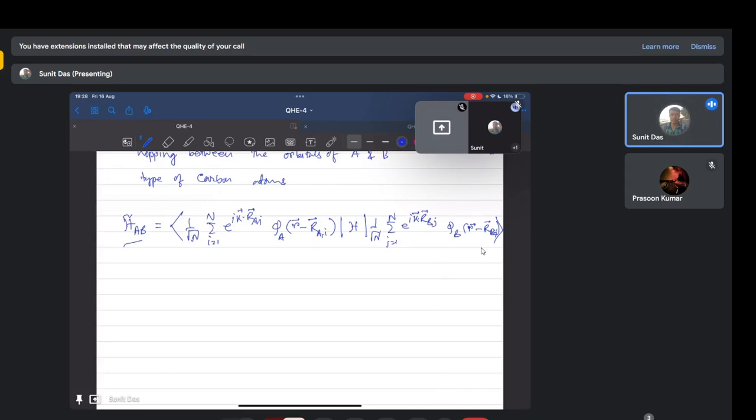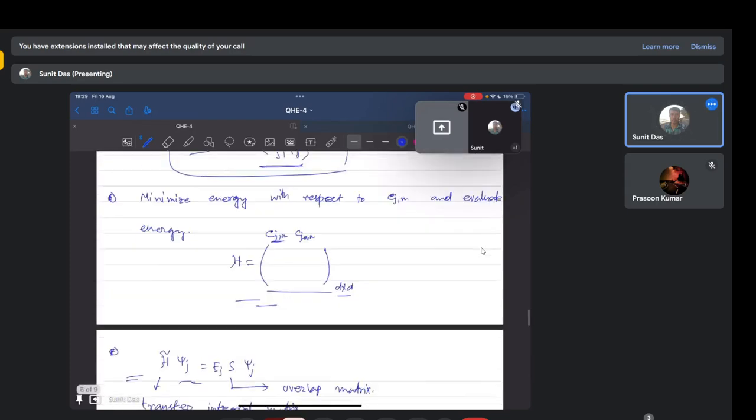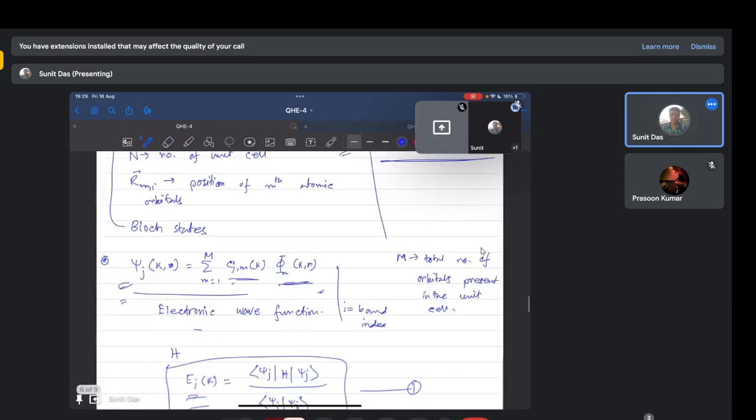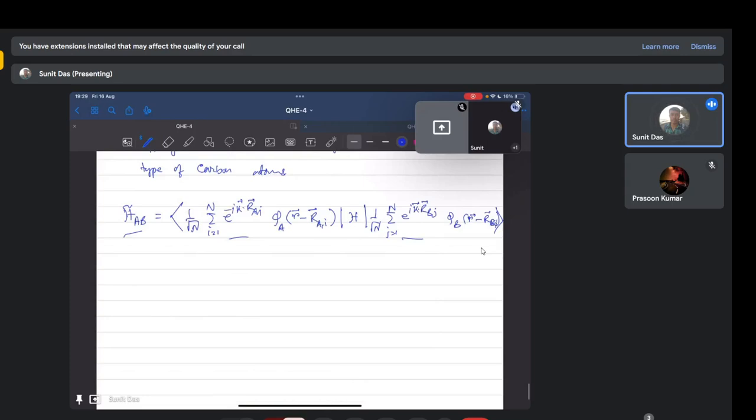And since i goes over all the unit cells, it goes over all possible combinations of A and B. Okay, so I think I missed one minus sign somewhere, because these two cannot be the same. So what we took initially, this was plus for phi, so it will be minus here.